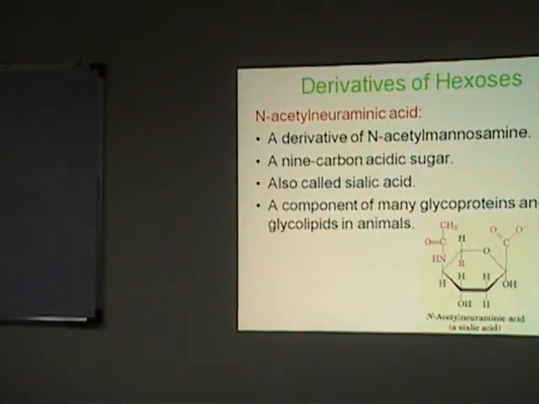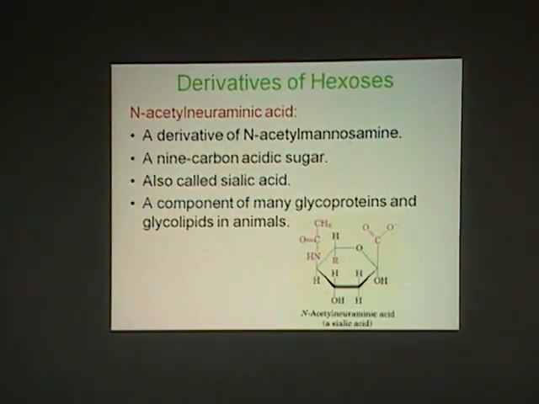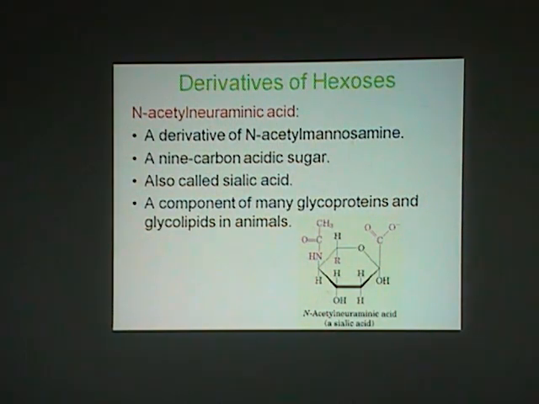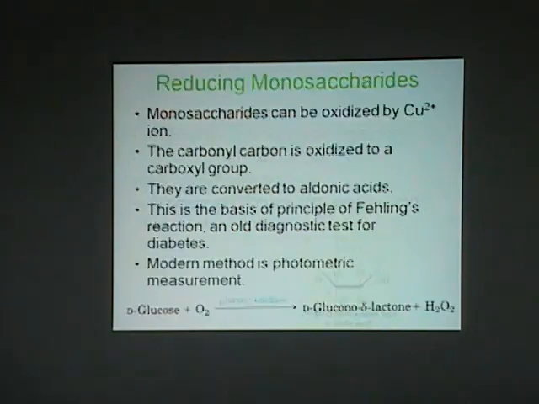According to the fluid mosaic model of Lehninger, the fluid mosaic model of the cell membrane, this is the structure, and in that structure he has given the position of sialic acid, a component of many glycoproteins and glycolipids in animals. Understand? Now you can see here, this is your N-acetyl neuraminic acid or sialic acid.